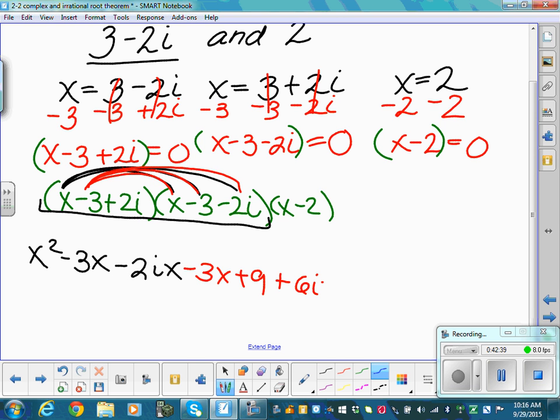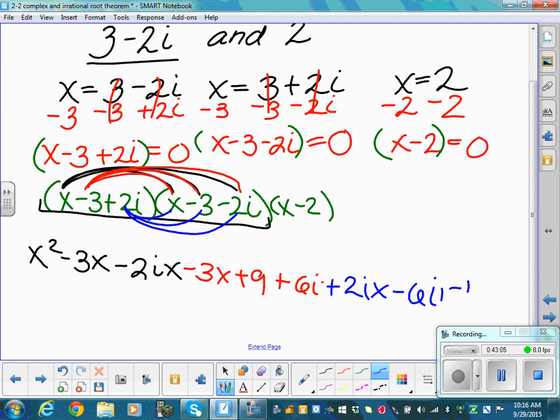Now I'm going to distribute 2i through. So 2i times x is positive 2ix, right? Are you guys still following me? Positive 2i times negative 3. Negative 6i's. Positive 2i's times negative 2i's.